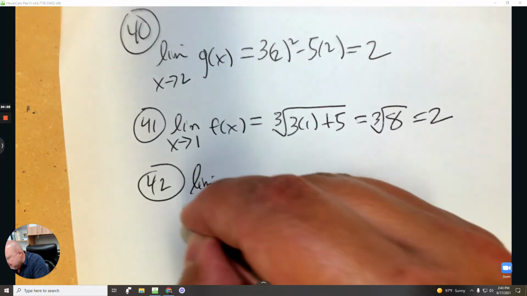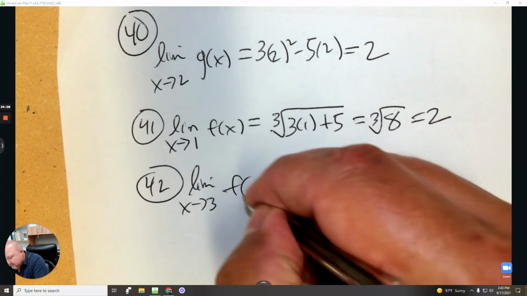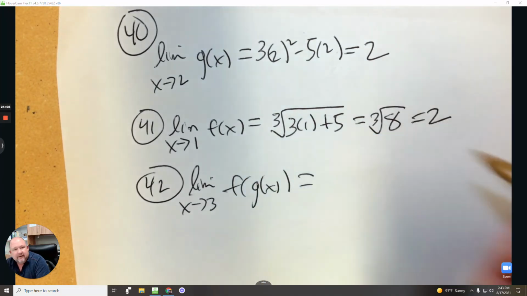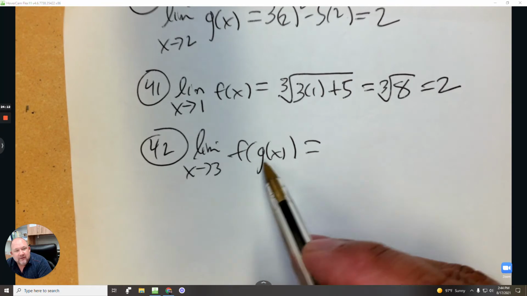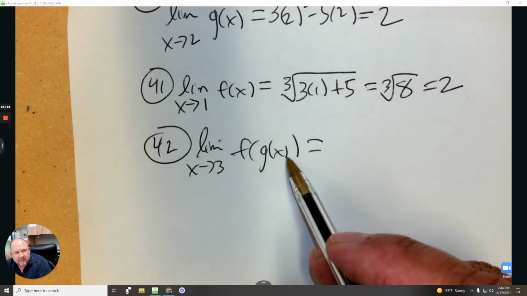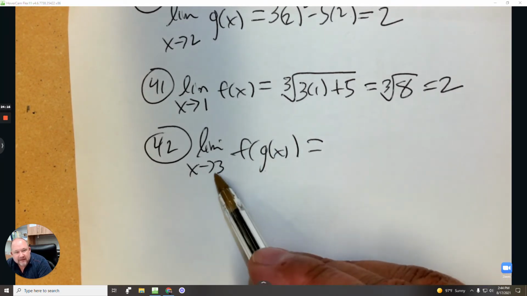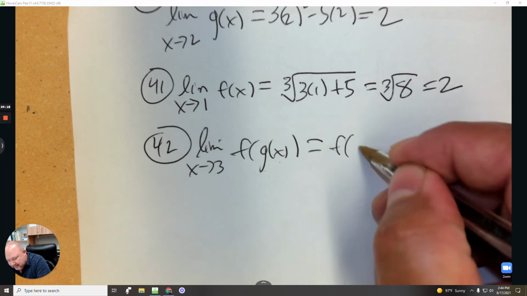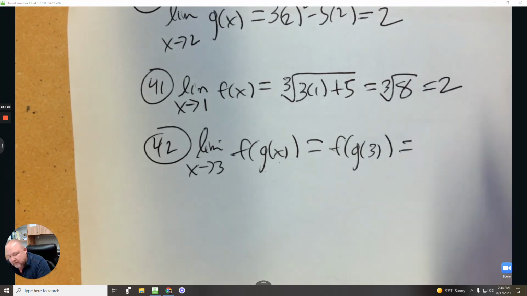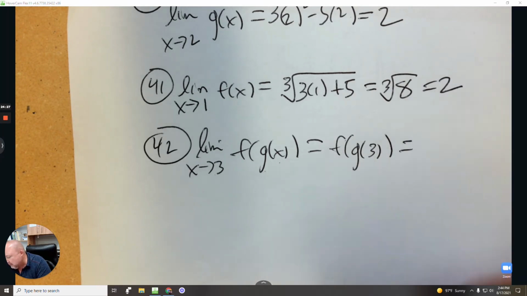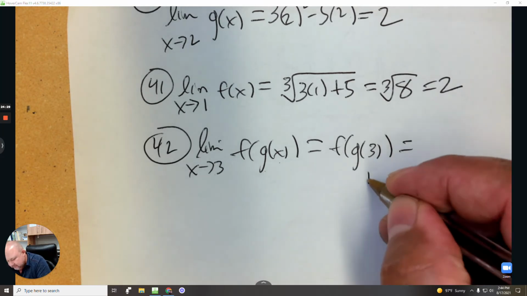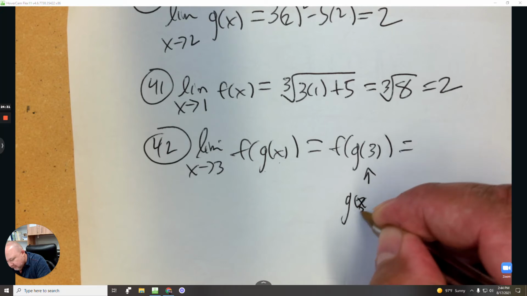The limit as x approaches 3. Oh, look at this. This one is a composite one where one gets composed inside the other. So first plug 3 inside of g. What answer do you get? So 3 squared is 9. Let's do this in 2 steps here.